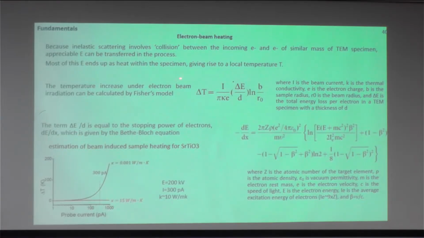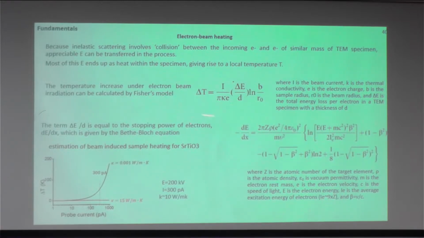It's described by Fisher models, and the temperature heating is a function of beam current and also the thermal conductivity of the specimen. This is the delta E, the total energy loss per electron. D is the specimen thickness, B is the specimen radius, and R0 is the beam radius.